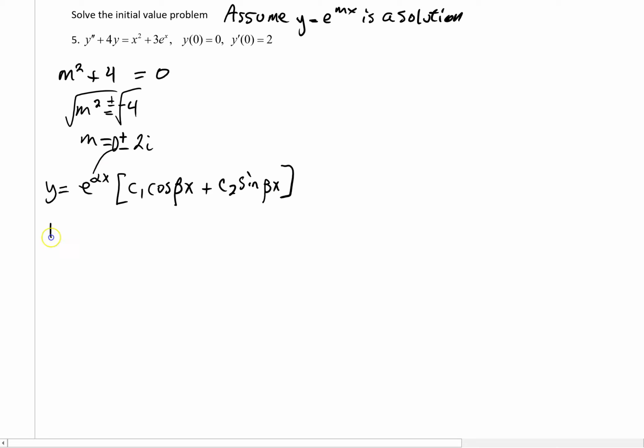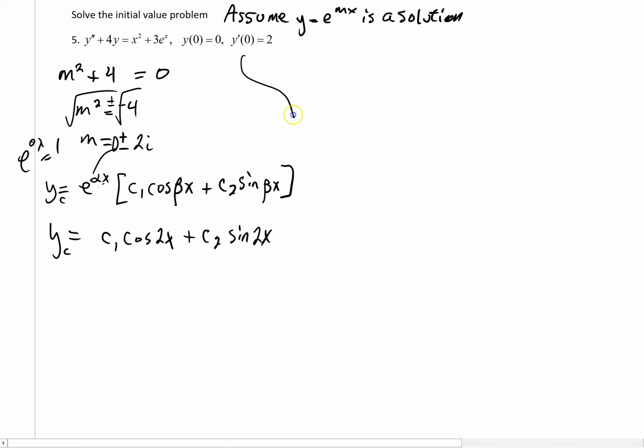So we're going to have e to the 0x, and e to the 0x is just equal to a 1. And we're just going to have c1 cosine of 2x plus c2 sine of 2x. This is our complementary solution, and I should write that as y sub c.